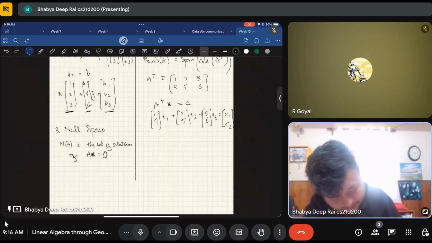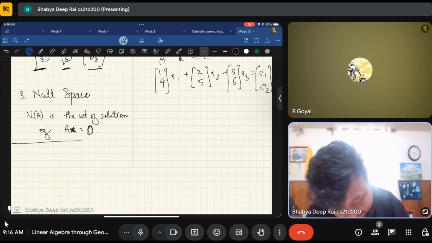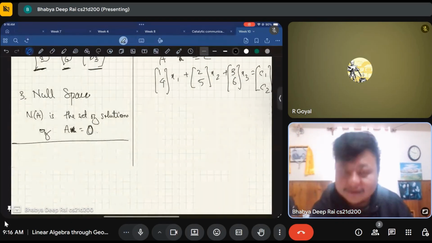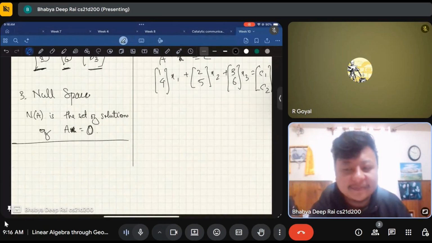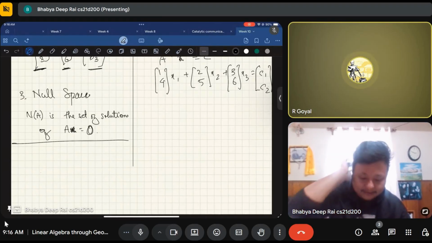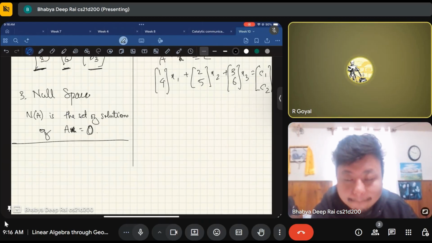Now, what do you get? When you look at the column space of A, the first question is: is the null space contained in the column space of A? Yes, it is contained, because the value of b can always be equal to 0.